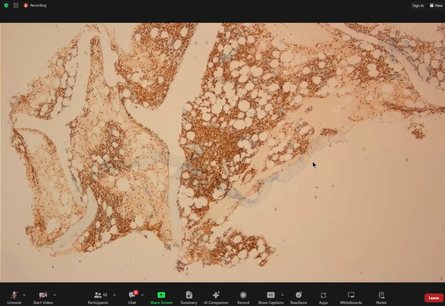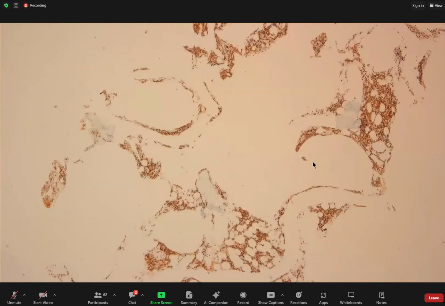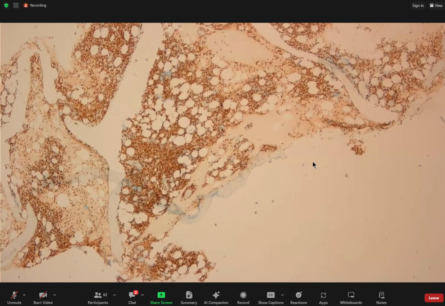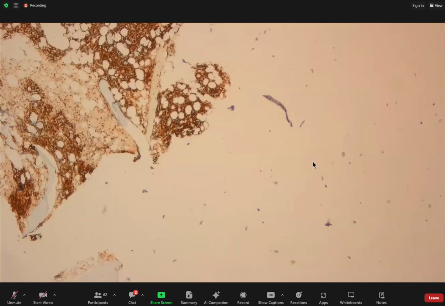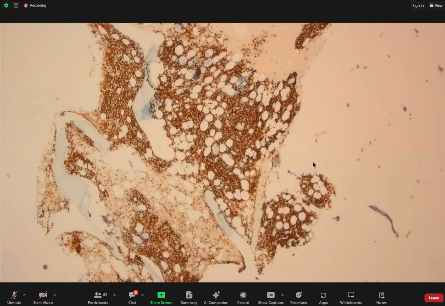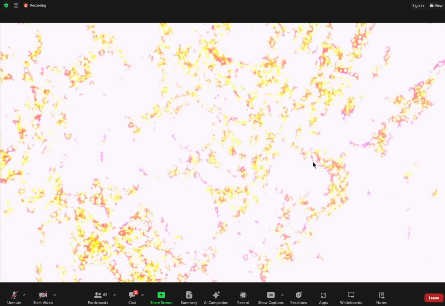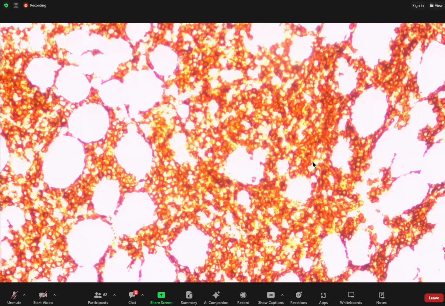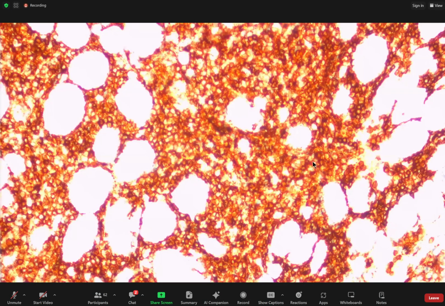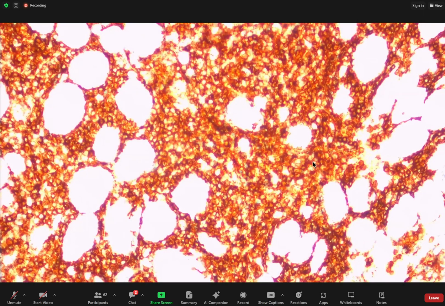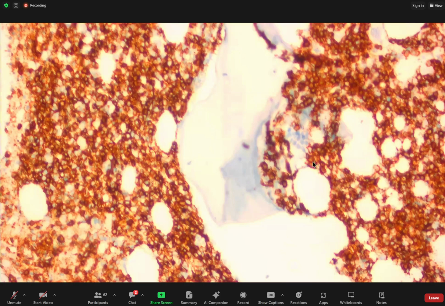So we know that we are dealing with a B cell or plasma cell component here. But for CD20, the abnormal cells show strong CD20 expression, which is uncommon in plasma cells.